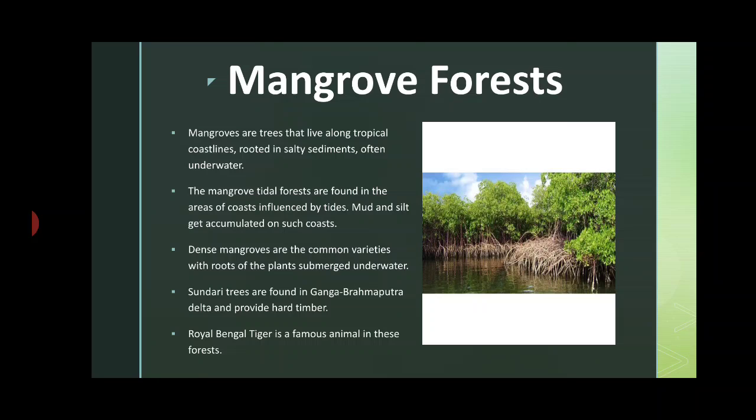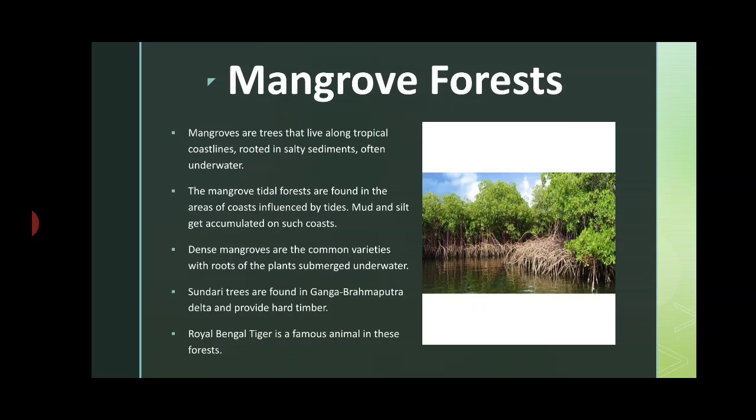The deltas of the Ganga, the Mahanadi, the Krishna, the Godavari and the Kaveri are covered by such vegetation. In the Ganga-Brahmaputra delta, Sundari trees are found, which provide durable hard timber. Important trees are palm, coconut, keora and agar, also grown in some parts of the delta.